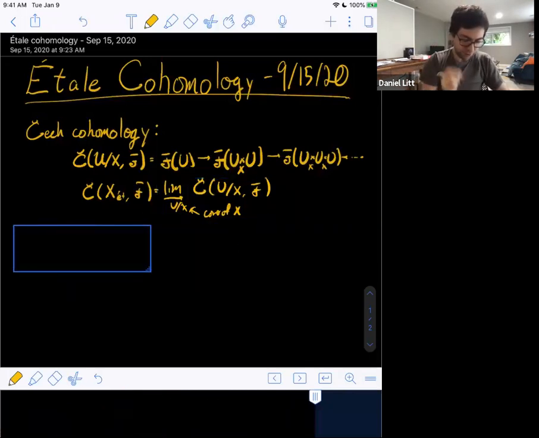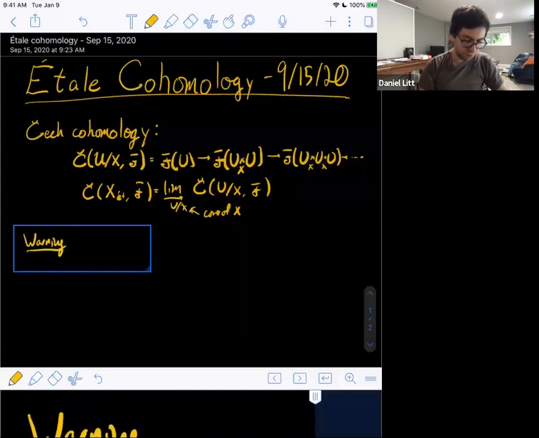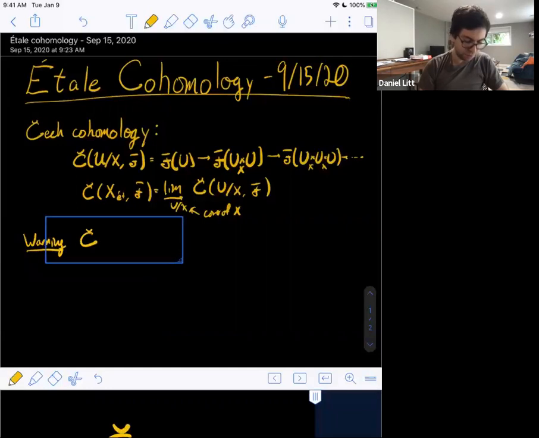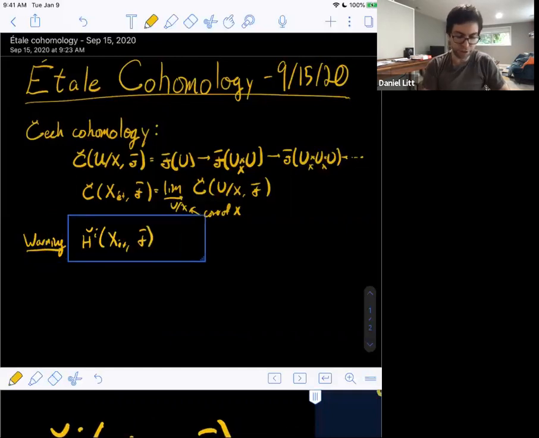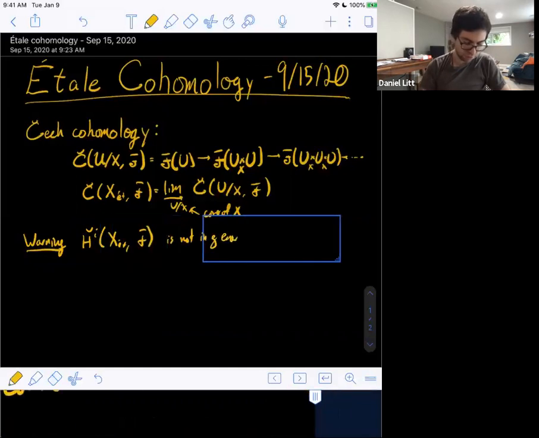So the main theorem. The general warning is that in general, Čech cohomology, where we defined H^i Čech to be the cohomology of this complex, is not in general isomorphic to derived functor cohomology.